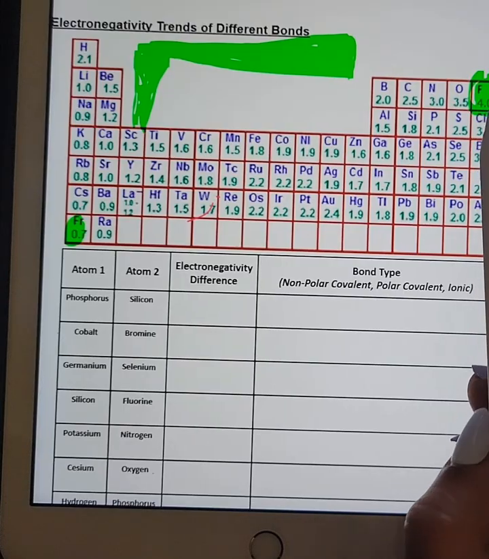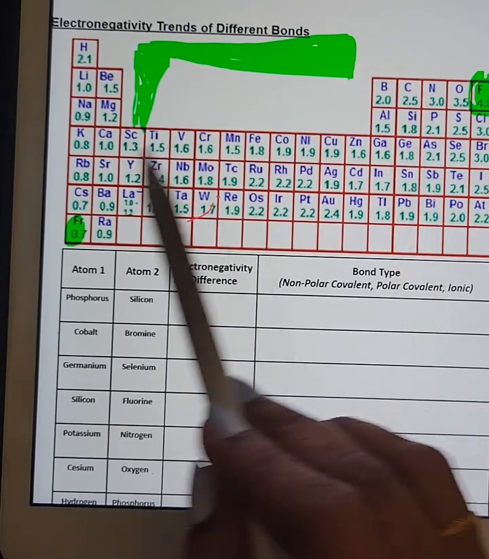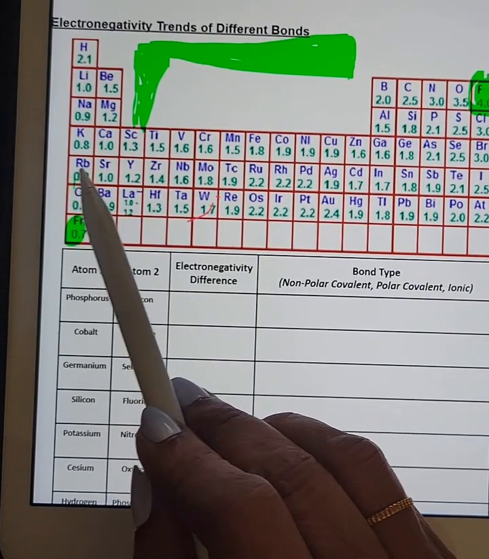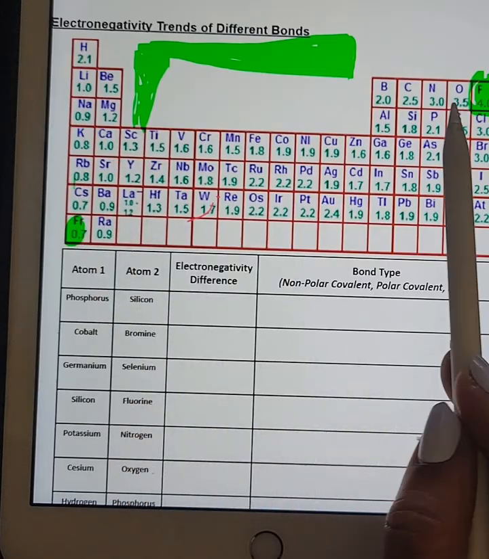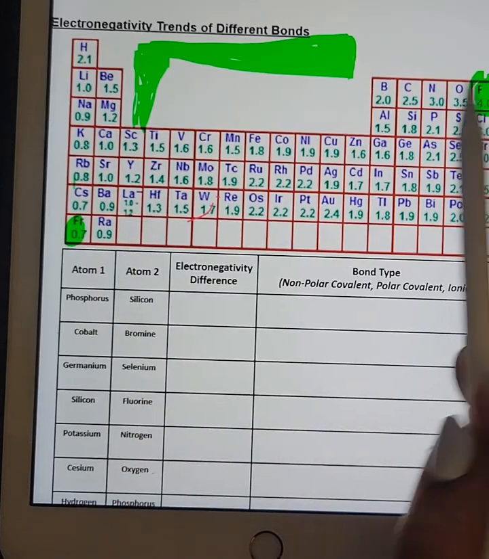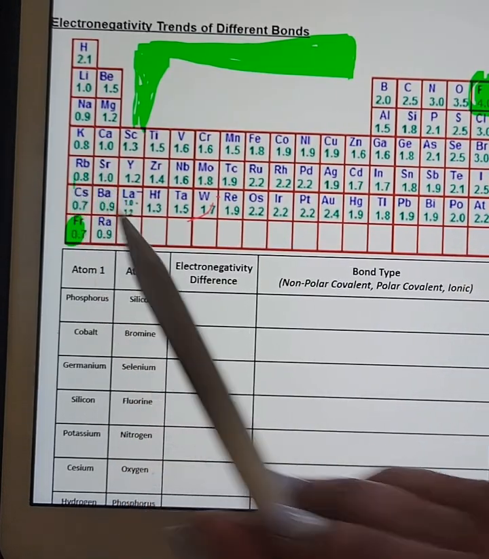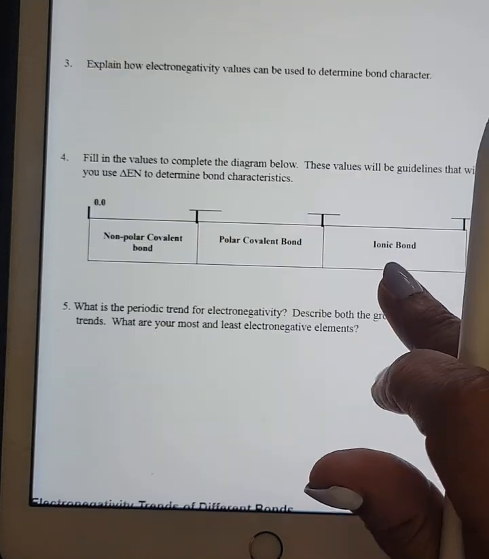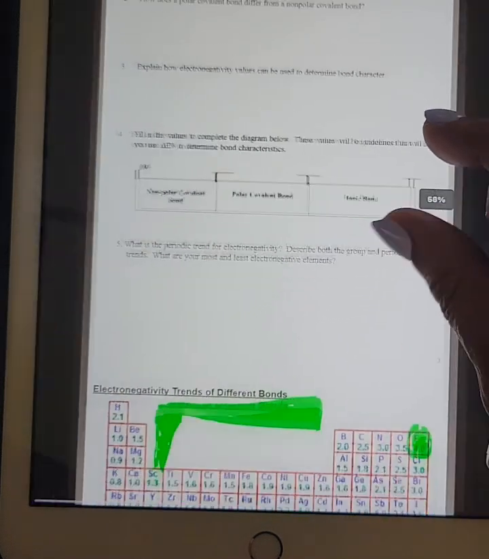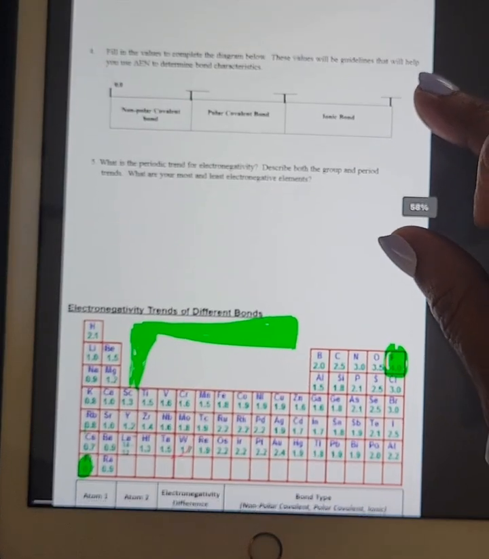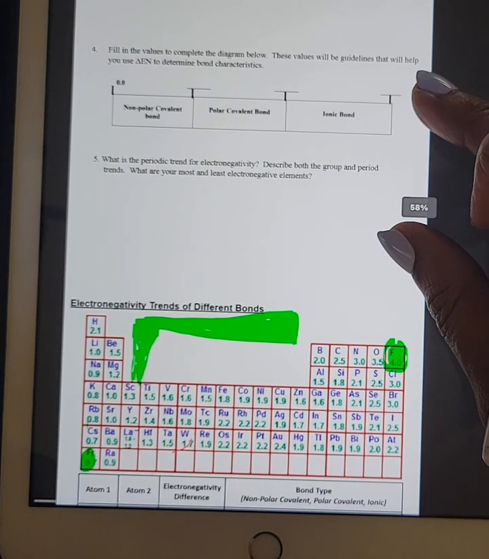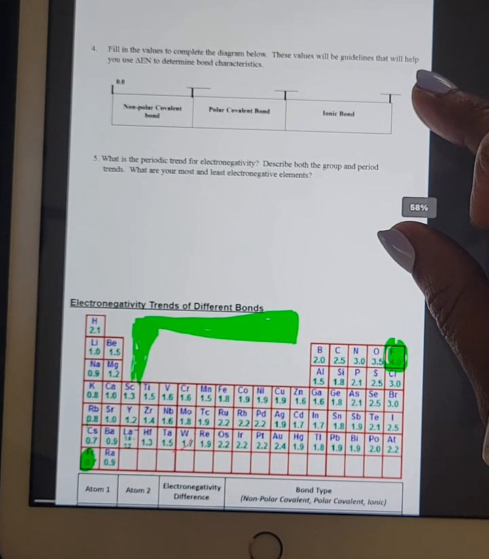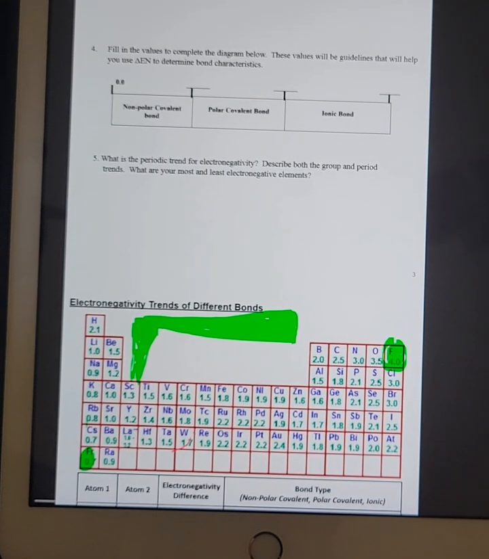Say, for example, an atom from here reacts with an atom from here. They have a very big difference in electronegativity, so one will gain and one will lose, and they will form an ionic compound. So go ahead and complete that. The biggest difference we may see is 4 minus 0.7, which is 3.3.